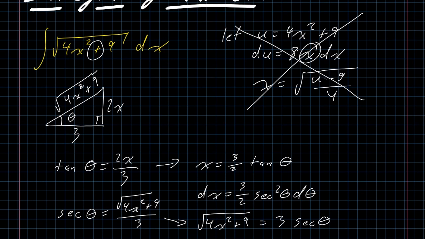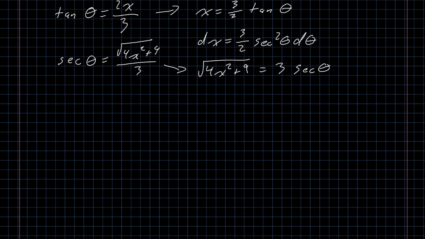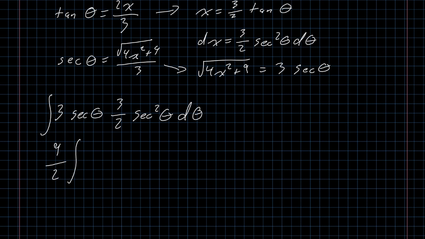All right, and now it's just a substitution. Because I've got this, I've got that. This integral becomes 3 times secant of theta times 3/2 secant squared theta d theta, or 9/2 times the integral of secant cubed theta d theta.